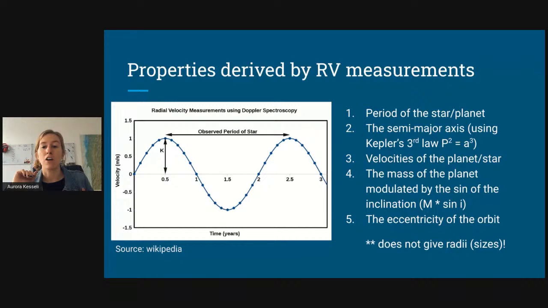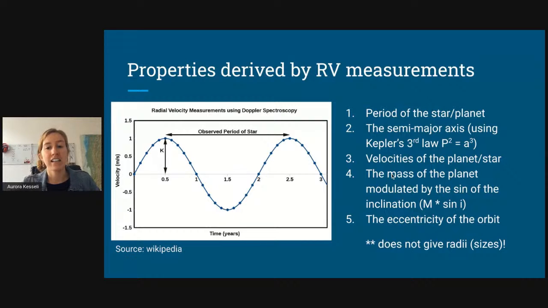So if the star is in a perfectly edge-on orbit, this semi-amplitude here is the velocity of the star. However, since we don't know the inclination of the star, this semi-amplitude is not going to give us the full velocity. So you need to add this sine of the inclination here. And so the star's velocity is given by the semi-amplitude times the sine of the inclination.